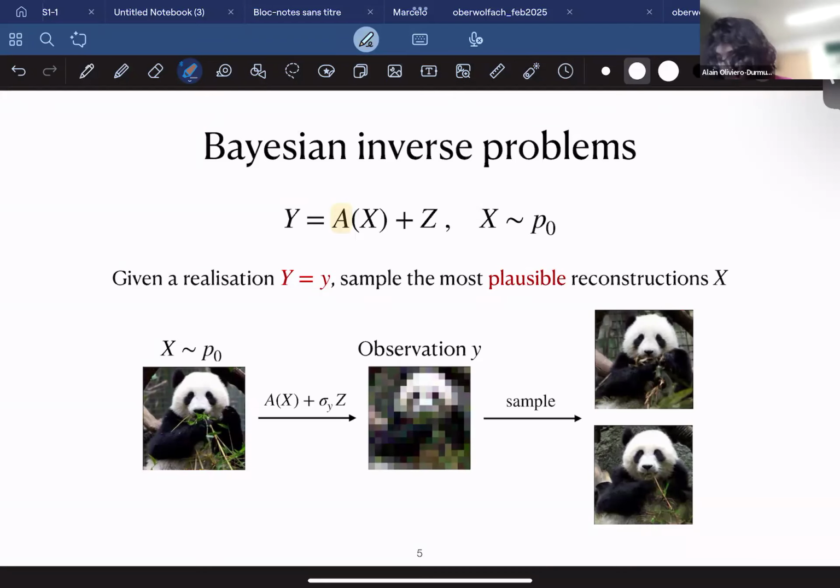I just add a bit of noise, and if you use a pre-trained generative model, you can see that you have a very clear image. The samples produced by your posterior are very clean, and sensible reconstructions of your original images. So that's just an illustration. I will come back to it later and provide more illustration.